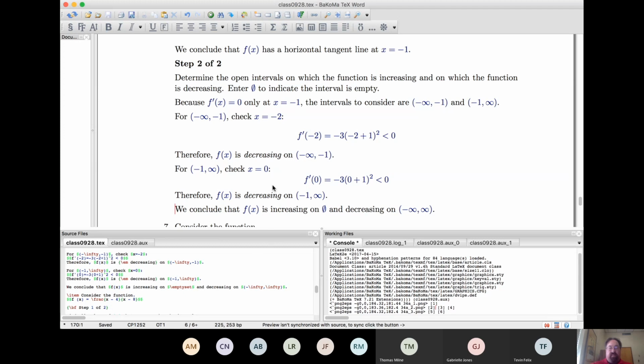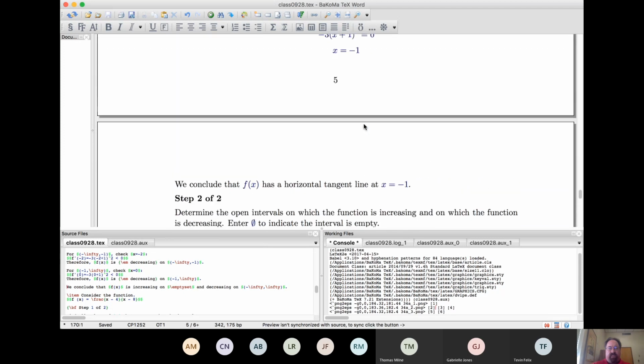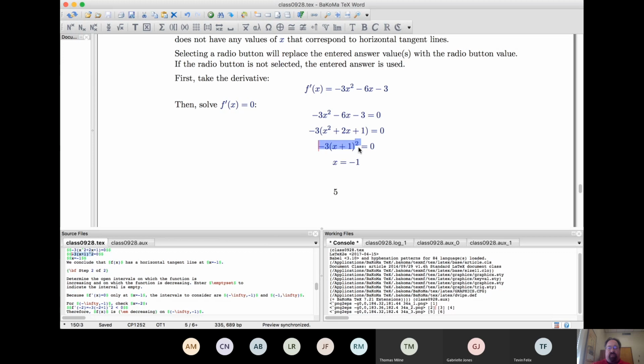Okay. But I want to point out before I move on from this problem that to save yourself a little bit of time in algebra, if we look at the derivative before plugging anything in, after you've factored it, so you have -3 times (x plus 1) squared. So here's the derivative in simplest form. Notice, well, x plus 1, the whole thing squared, that's always going to be greater than or equal to 0.